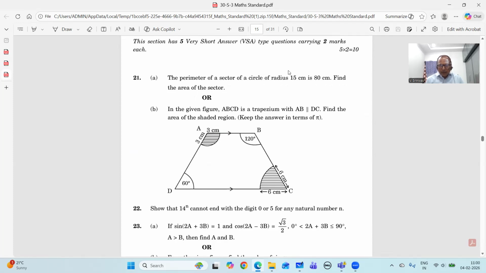Find the area of the sector. So radius is 15 centimeters. Let us call it r, small r. And what is perimeter of a circle? For example, this shaded region is in the form of a sector.